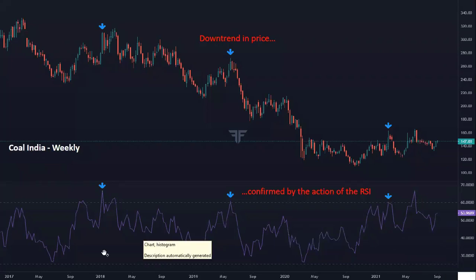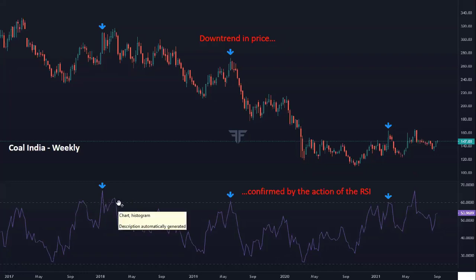See that on a bulk of the occasions within this chart, from the leftmost region to the rightmost region, whenever the RSI is touching 60, 65 levels, it is getting overbought. And whenever the RSI is approaching 25 levels, it is getting oversold.